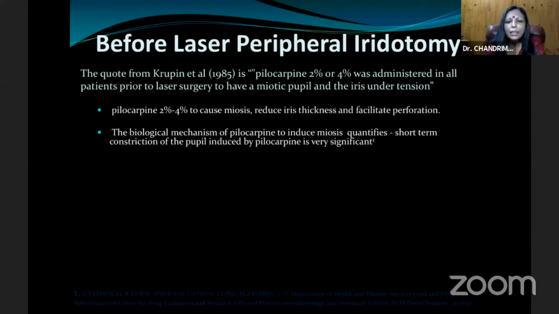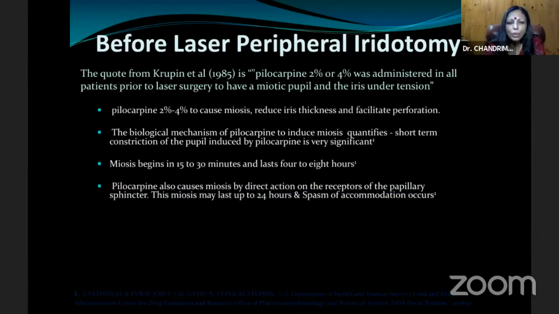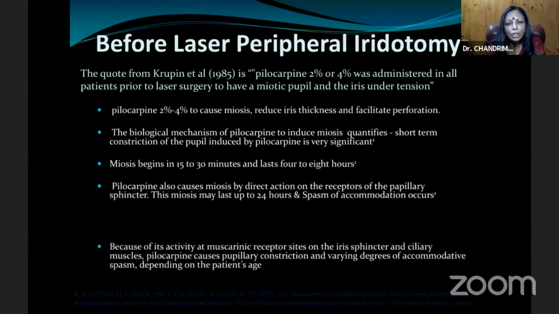The biological mechanism of pilocarpine to induce miosis quantifies the short-term constriction of the pupil induced by pilocarpine and is very significant. Miosis begins in about 15 to 30 minutes and lasts for about 8 hours or so. Pilocarpine causes miosis by direct action on the receptors of the pupillary sphincter. This miosis may last up to 24 hours and cause spasm of accommodation.